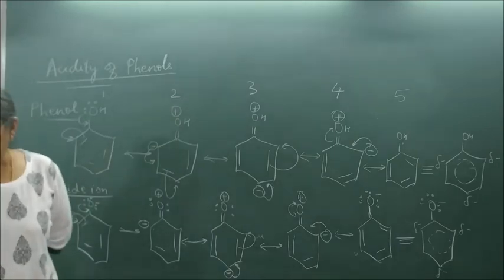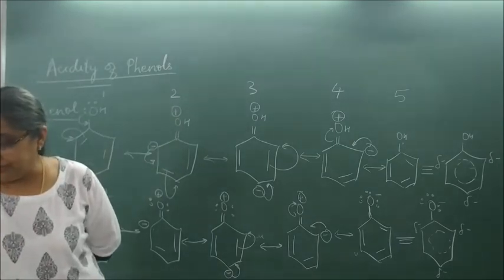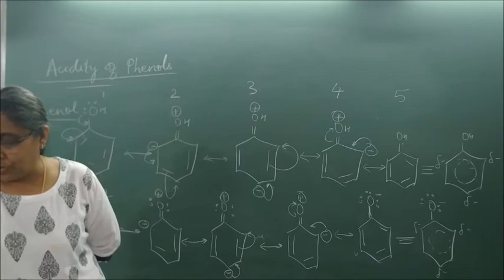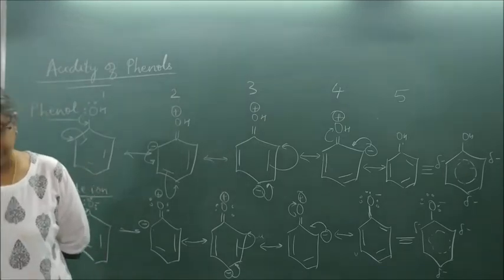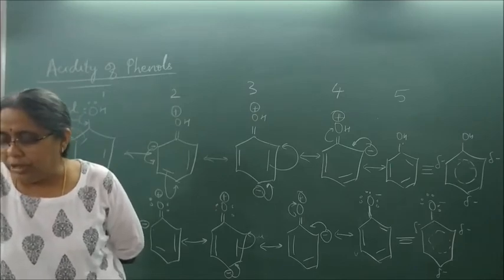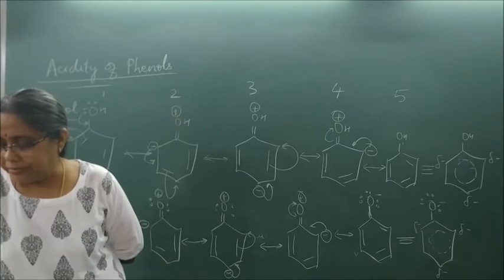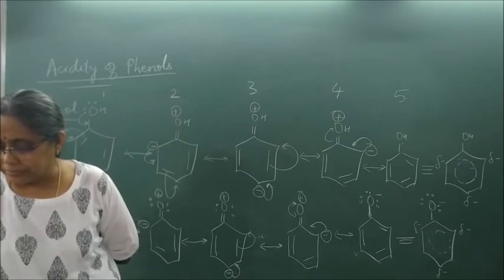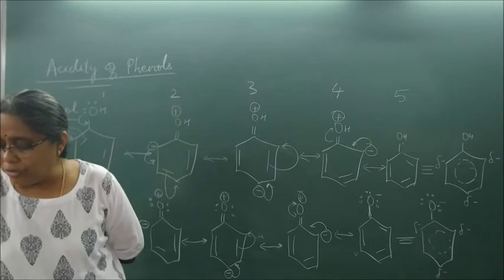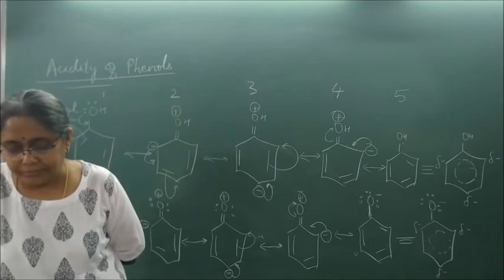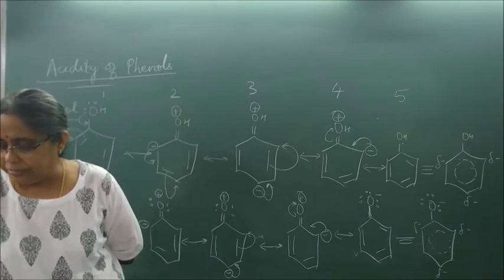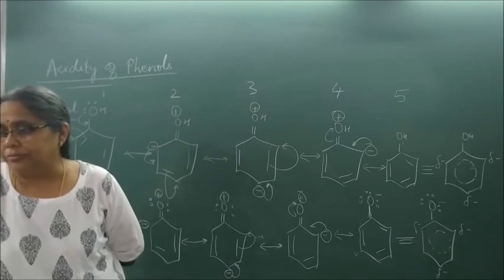Now write in phenol, structures 2, 3 and 4 show that charges are separated and the most electronegative oxygen atom carries a positive charge.